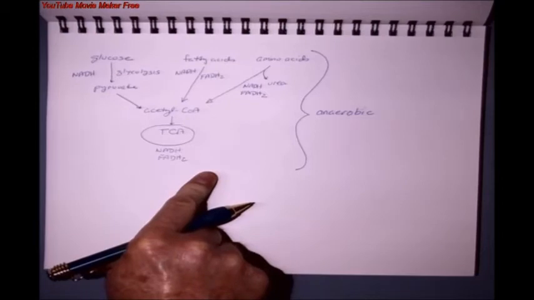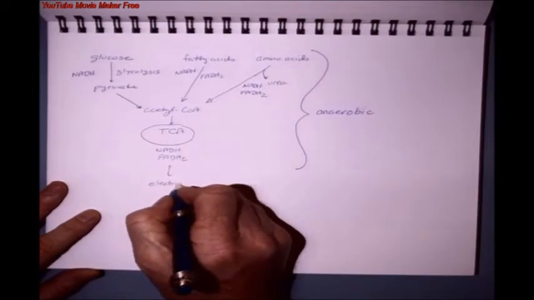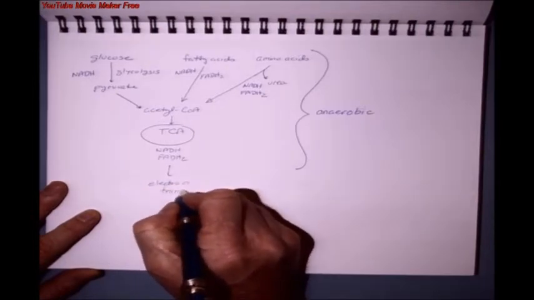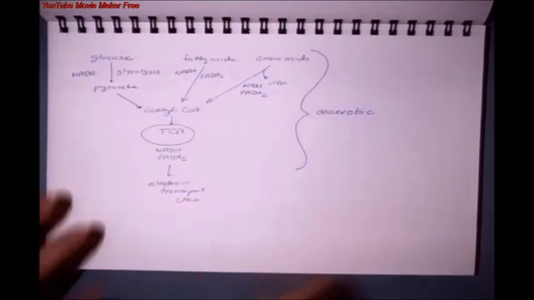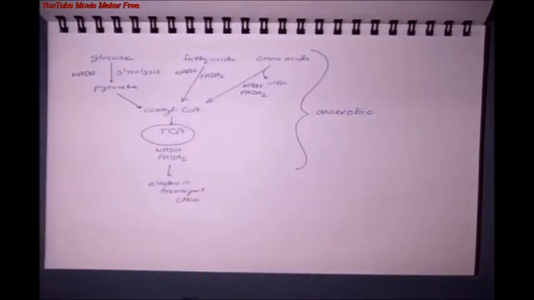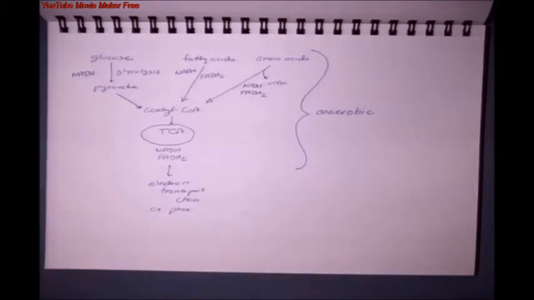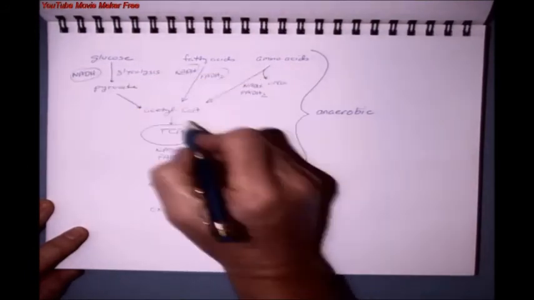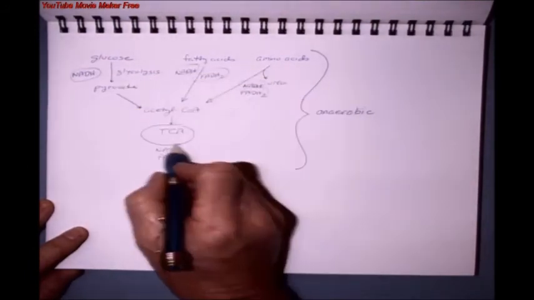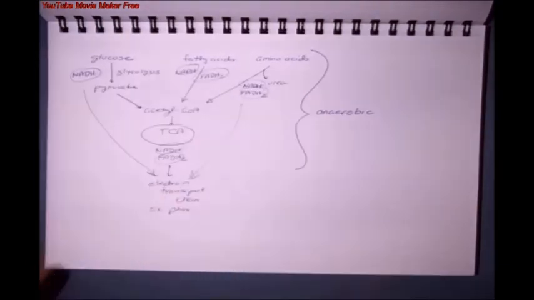Now, the next step. This is the big one, and I heard somebody say this. Electron transport chain, also known as oxidative phosphorylation. So what we're going to do is take our NADHs, take our FADH2s, and funnel them all into the electron transport chain.